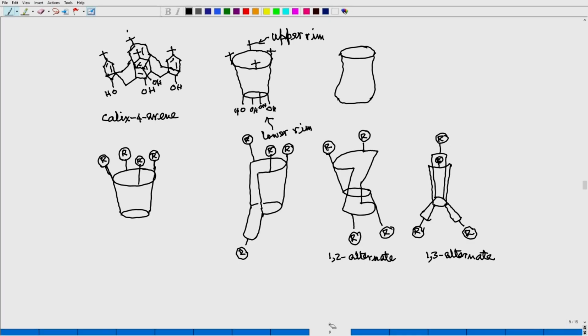Number two is it can accept hydrophobic guests from the top and hydrophilic guests from here, which can be modified through upper rim modification. I can make both hydrophilic in nature, and this one is of course always hydrophobic in character. So, this hydrophobicity and hydrophilicity can be played with.